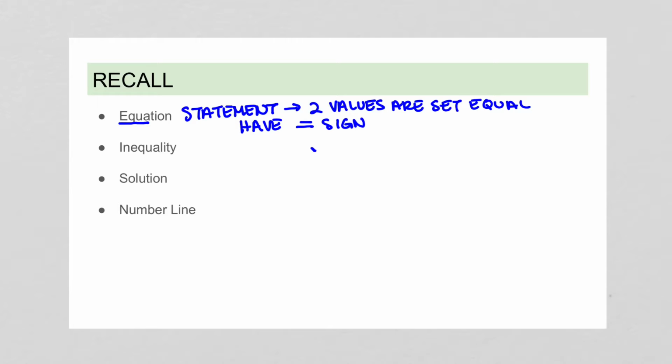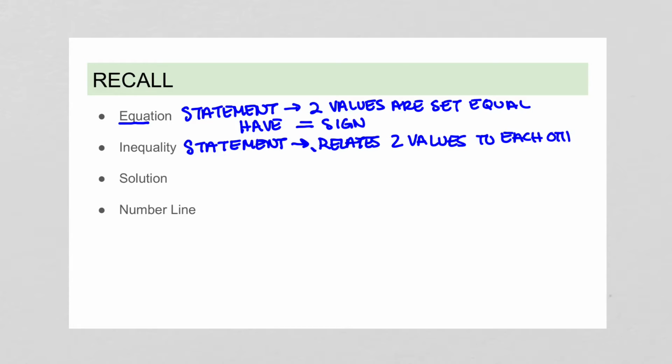Now, how is that different from an inequality? We've seen inequalities before. Inequalities are also statements, and it relates two values to one another. But they're not going to be equal, okay? It's not an equation.